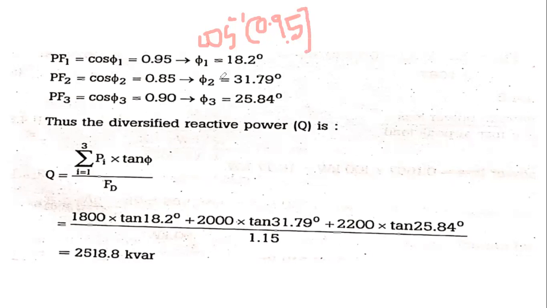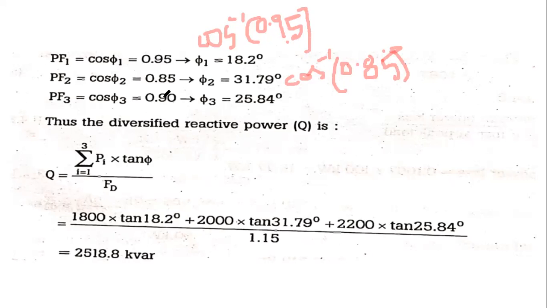Next, PF2 is cos phi 2, which is 0.85, so phi 2 is equal to cos inverse of 0.85.